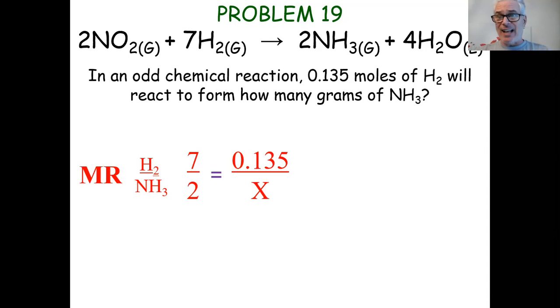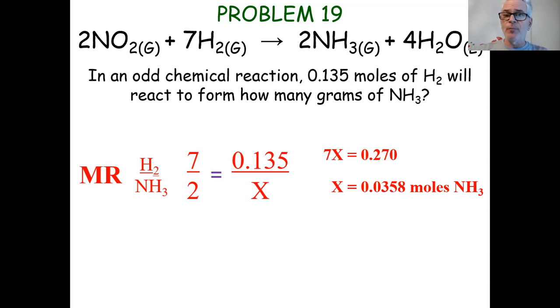So this could be a really little decimal, but we're going to do the math. 7x equals, I don't know, 0.270, and x is going to equal, with 3 significant figures, a very small number of moles of ammonia. Small, 0.0358 moles. It's not a lot, but that's the question. That's what it is. Now, to answer this, though, we have to figure out how many grams of ammonia. We have that small number of moles.